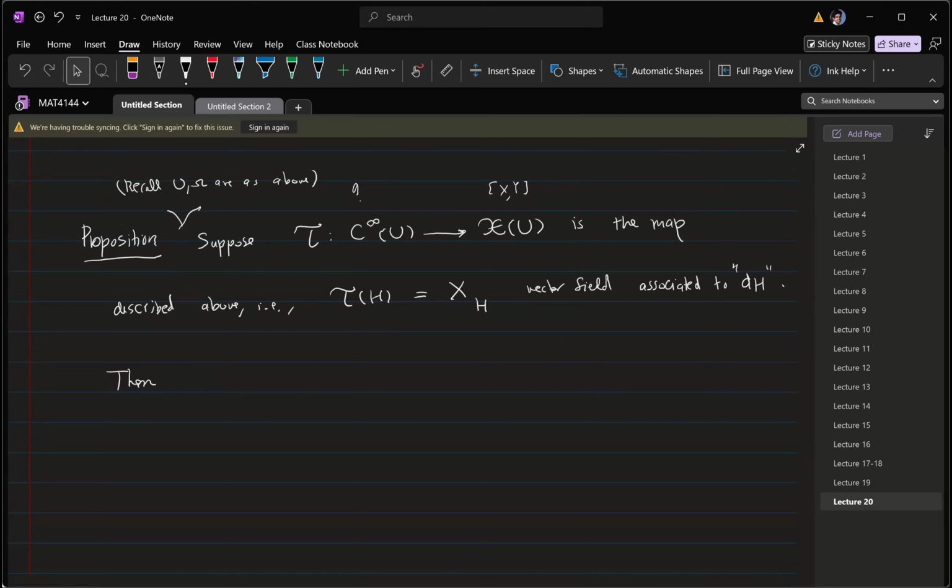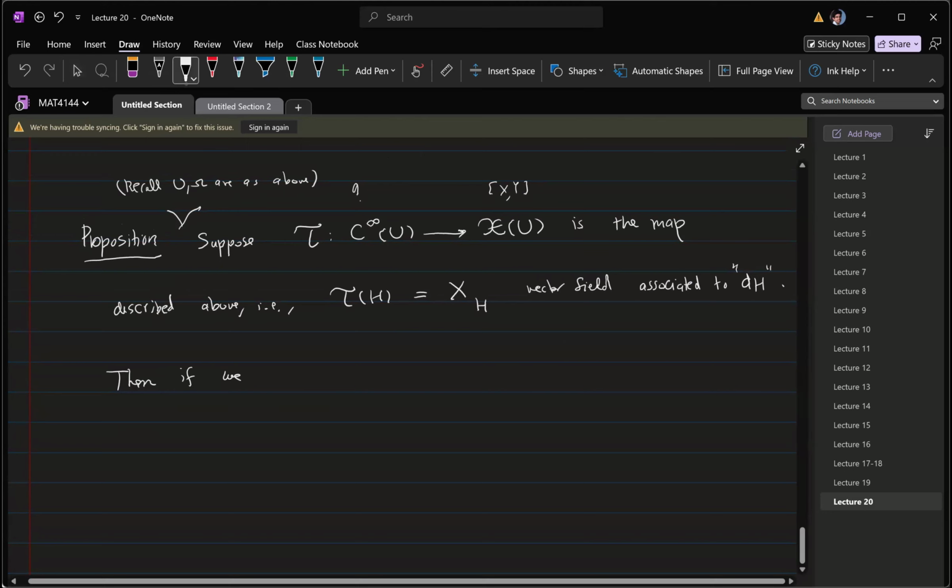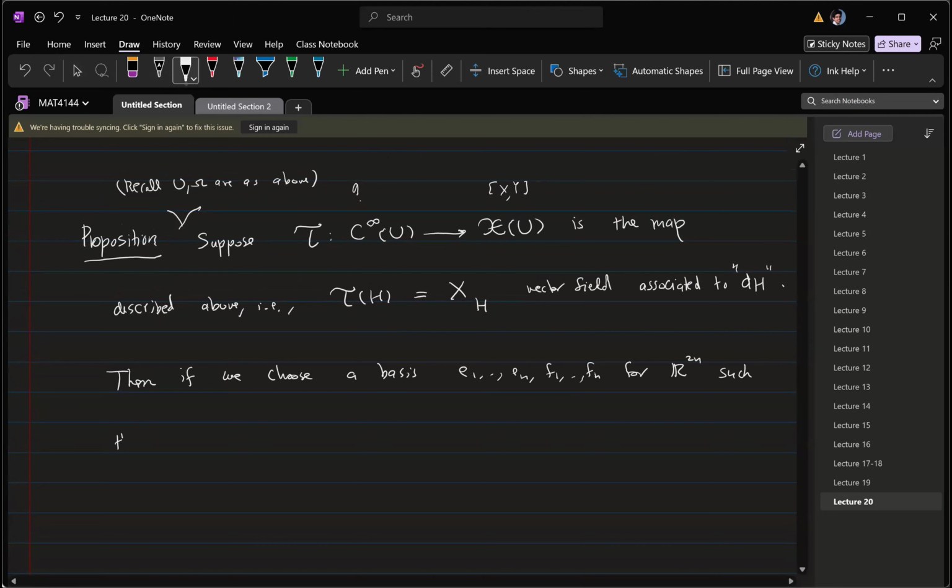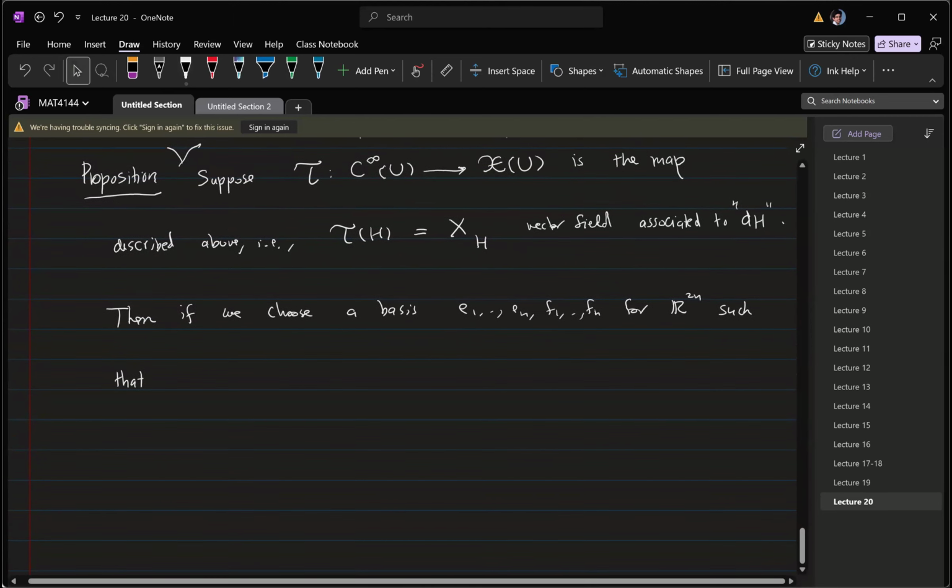Then, if we choose a basis like E_1 through E_n, F_1 through F_n for R^2n, such that omega of E_i, E_j is 0, and omega of F_i, F_j is also 0, and omega of E_i, F_j is delta_ij, which means it is 1 if i and j are equal and 0 otherwise, and you can always do that.